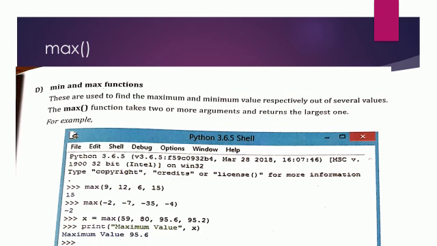So you can give a set of values. See here, a set of values are given as arguments, four values in the max function. Out of these, the biggest value will be shown as the output. So here in the first example, the biggest value is 15, right? So that is the output given.